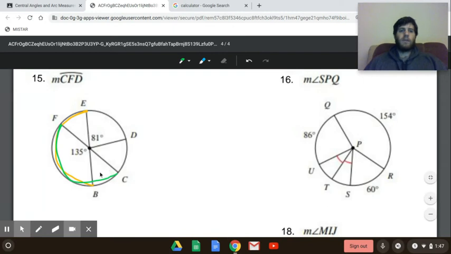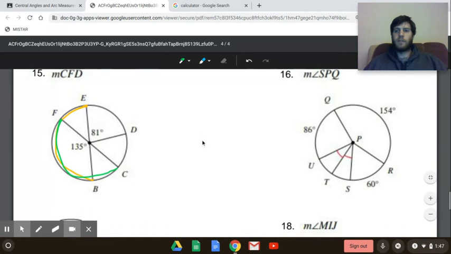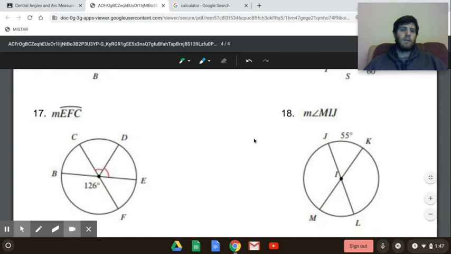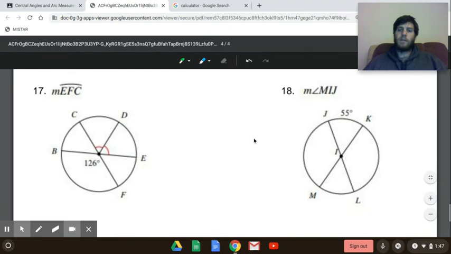And then once you have all those, you'll be able to find DC because, well, actually, you're going the other way. You're finding CFD, this big arc around here. So you don't even need to find DC. All right, 16, similar, 17. Again, these are all similar types of problems. So we should be good.